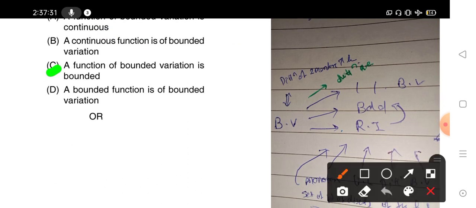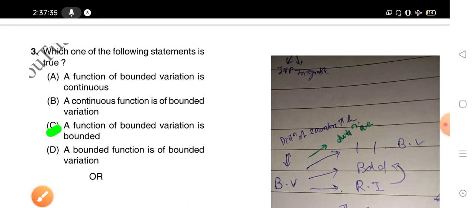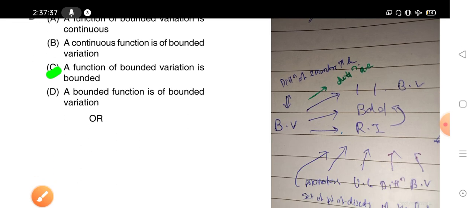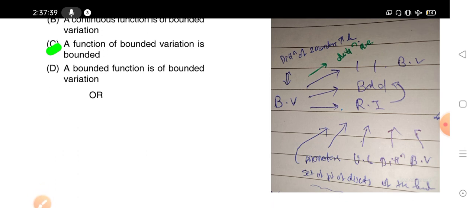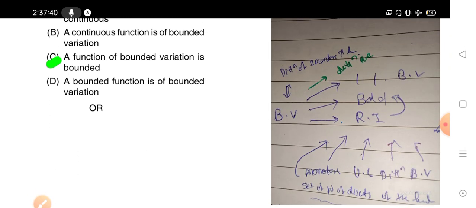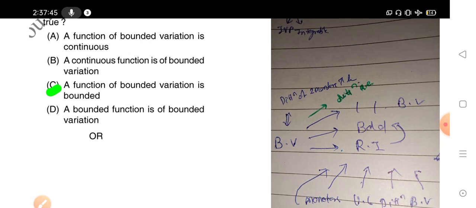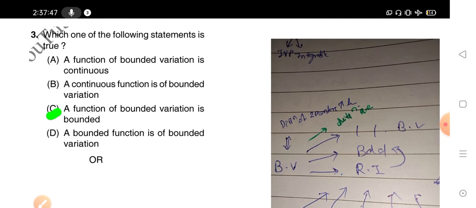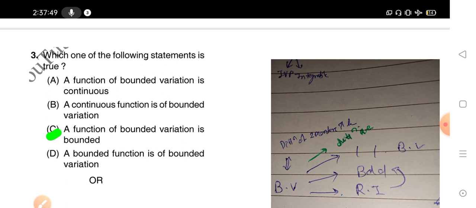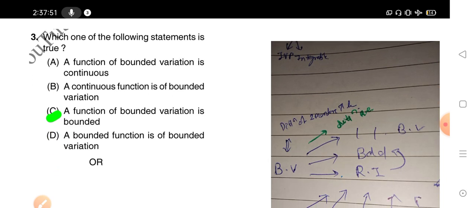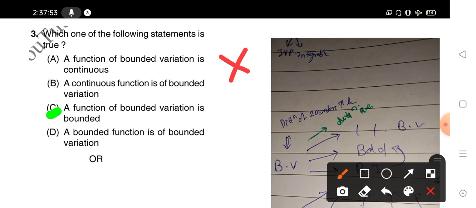Here is bounded variation implies continuous. This is not true, not possible. There exists an example that is continuous but not of bounded variation. So option A is wrong.